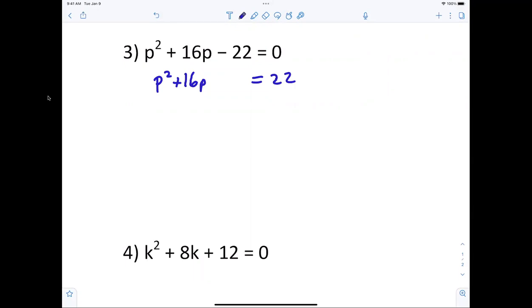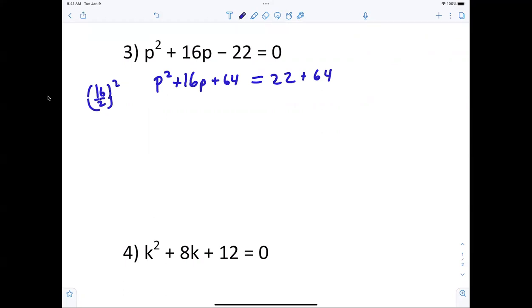Some of you guys, if you don't know it's 64, then off to the left, you write 16 divided by 2 squared. That's what you're supposed to be doing. If you don't understand, it's b over 2 squared. That's how we came up with a positive 64. Positive 64.